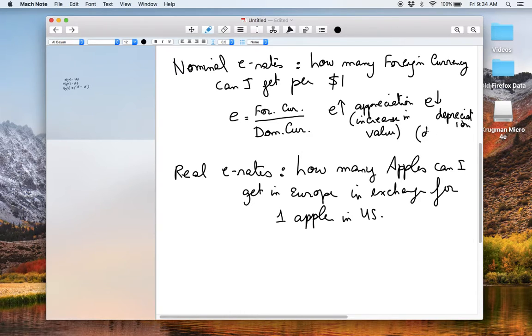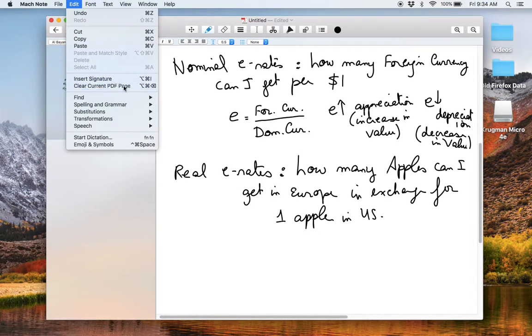Okay, that's a decrease in value. Similarly with real exchange rates, if each American apple can purchase more apples in Mexico, that means that the value of the American apple has increased and the real exchange rate has appreciated. If the American apple can buy fewer apples in Mexico than it used to, then the American currency has depreciated in real terms. Okay?